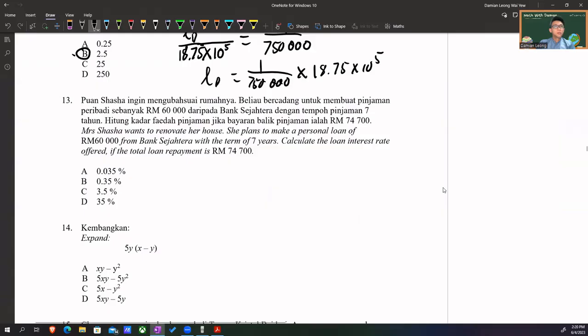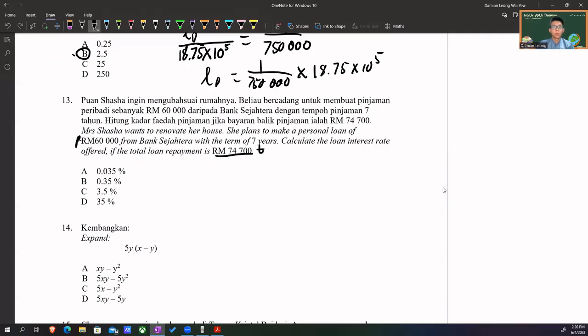Okay, 13. Mrs. Shasha wants to renovate a house. She plans to make a personal loan of 60,000 from Bank Sejahtera with a term of 7 years. So P, principal, is 60,000, time 7 years. Interest rate is what I want to find.